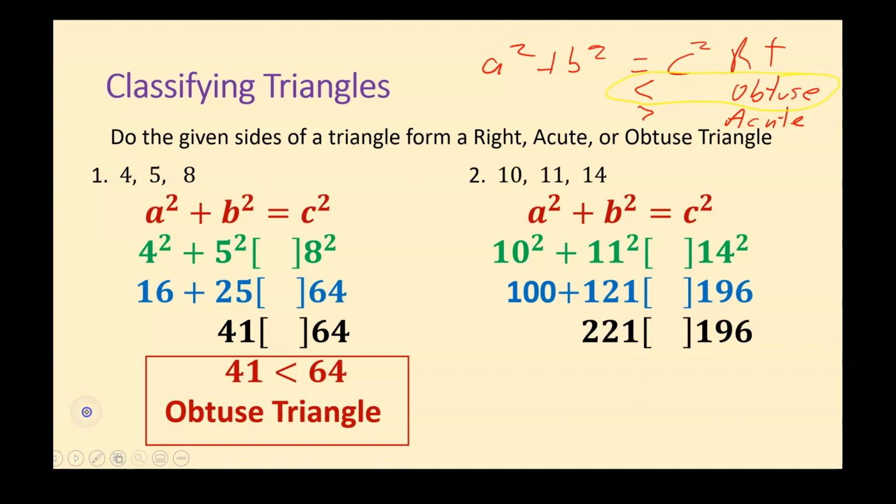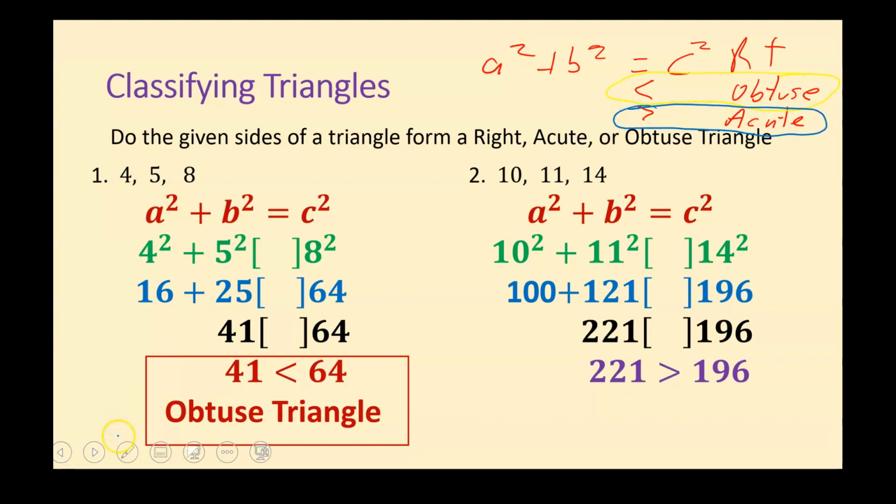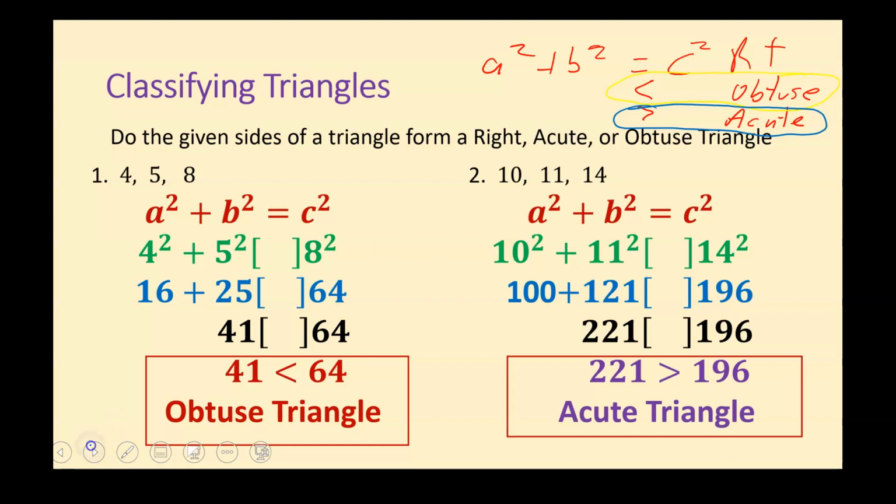That tells us that the 221 is bigger than the 196. So the a squared plus b squared is bigger. So that tells us that we are working with an acute triangle. Excellent work, ladies and gentlemen.